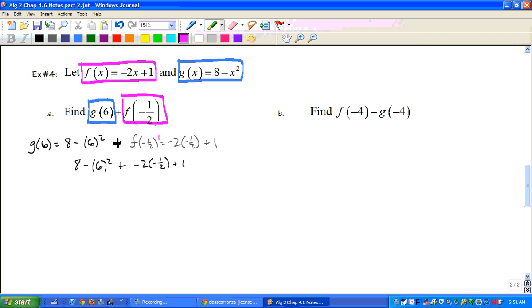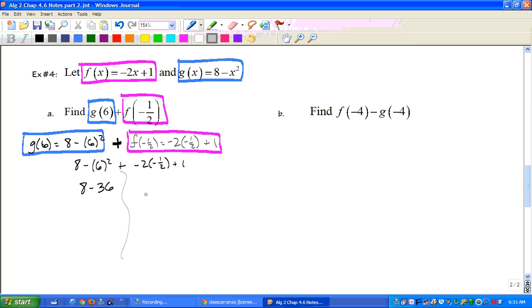This is still just everything in the pink, and there's everything in the blue. Now let's go through and solve. 6 squared is 36. 8 minus 36 is negative 24. Is it negative 24?